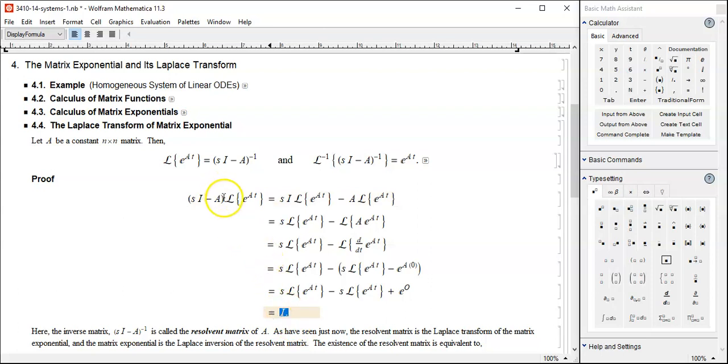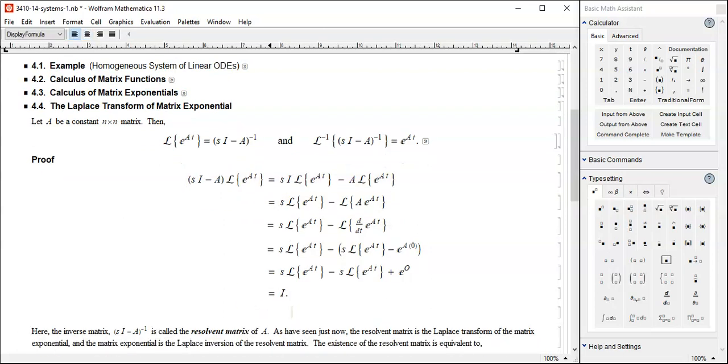That proves these matrices are invertible, and the inverse of this matrix is that, and vice versa. Inverse of this matrix is that, either way. Or I can simply say flip this one over to the other side.